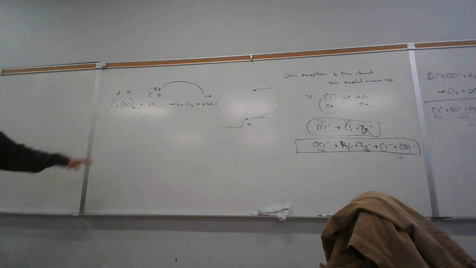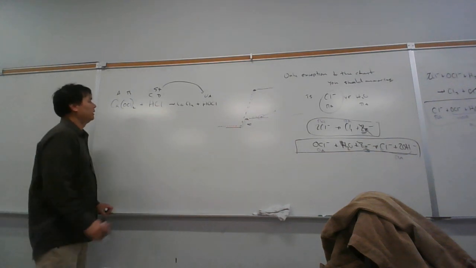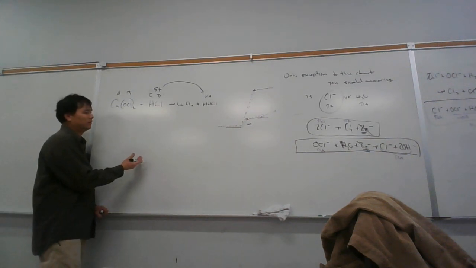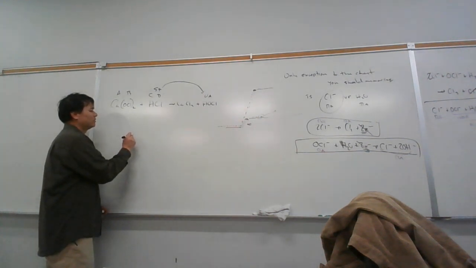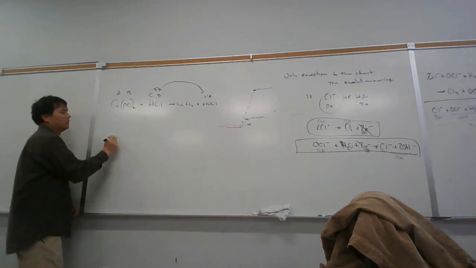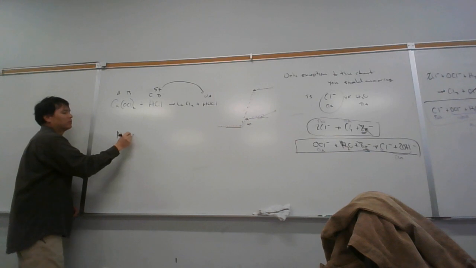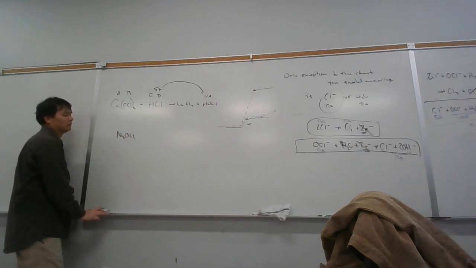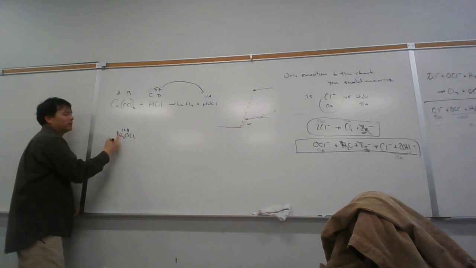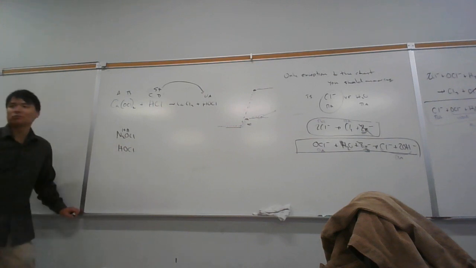The driving force of this one's quite good, but when you have bleach, regardless of the form, this is why I call this bleach, but normally bleach is sodium hypochlorite. The important point is that chlorine's in the +1 state, and so if I have hypochlorous acid, could I call that bleach as well?